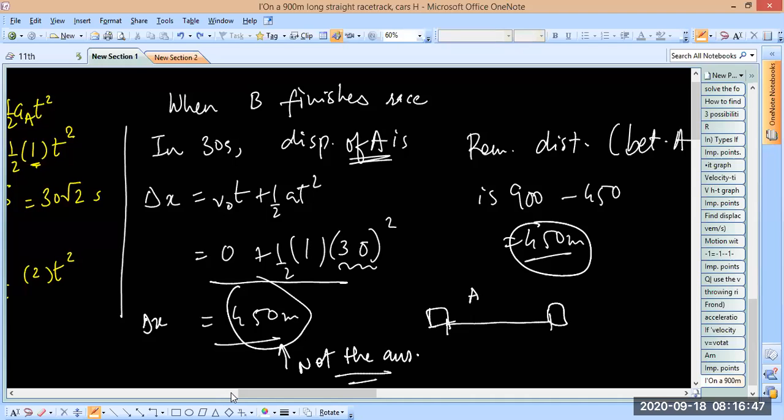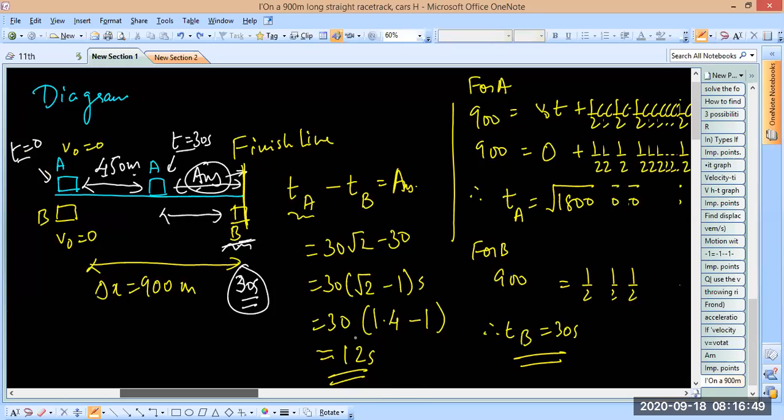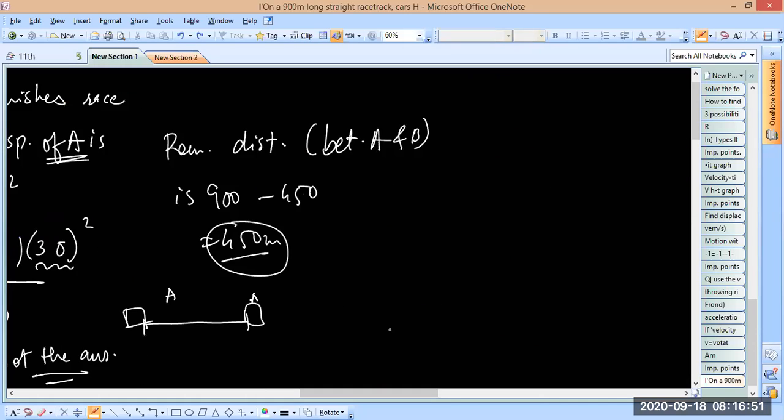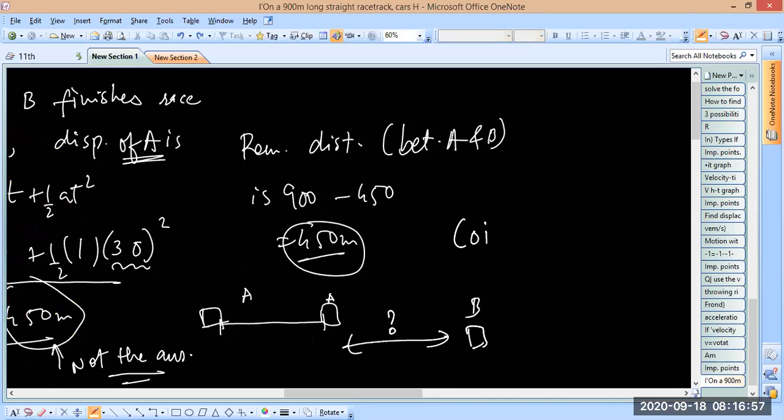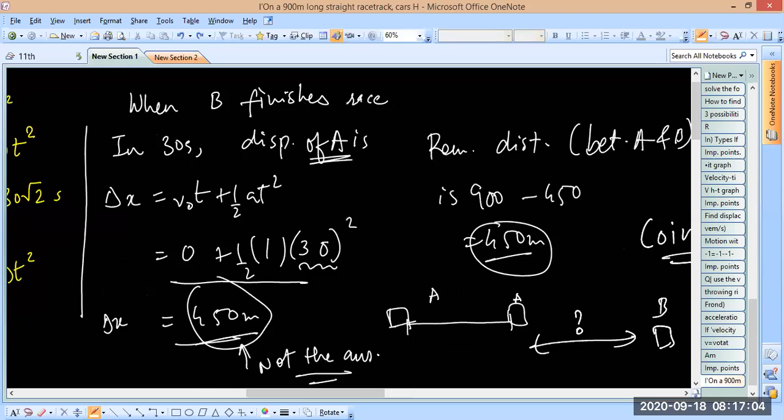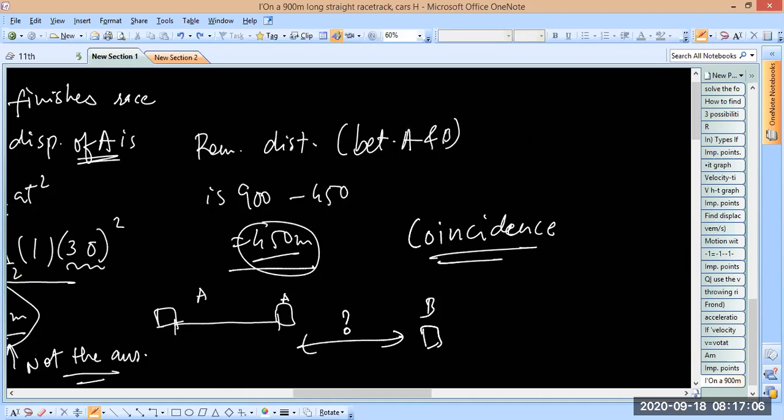The question was how much is the distance between car A and car B. So it's actually a coincidence that this is 450 and this is also 450. It has happened because acceleration of A is 1 but acceleration of B is 2. That's why this coincidence has happened.